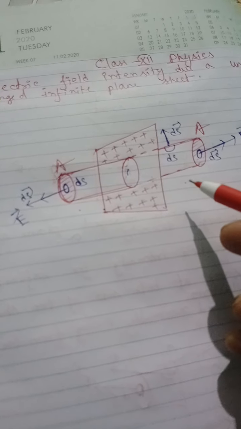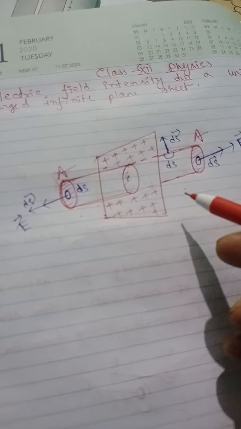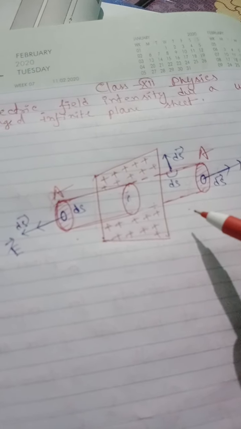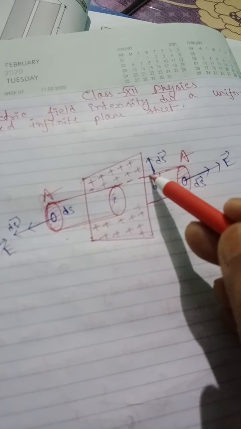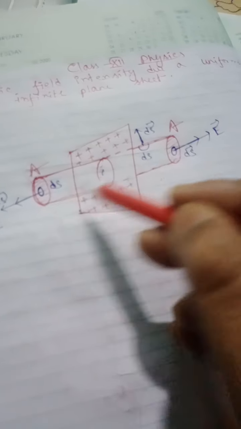Now if we calculate the electric field intensity, for that case, this cylinder has three regions. One is this region, second is this one, and third is the curved surface. Suppose this is region 1, this is region 2, and this curved surface is region 3.